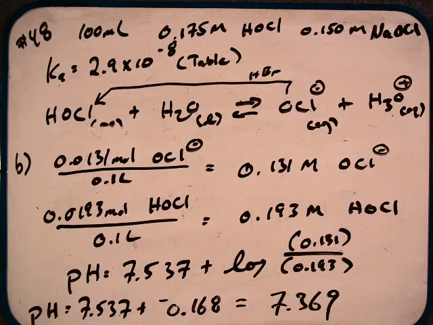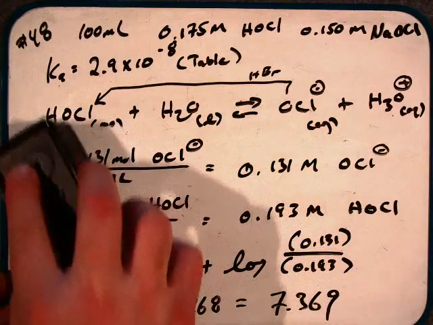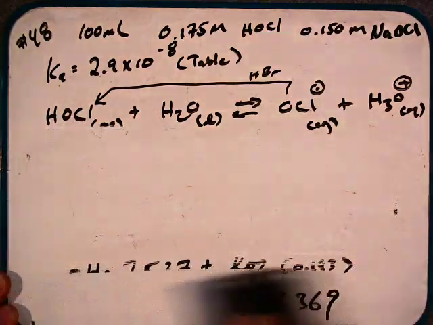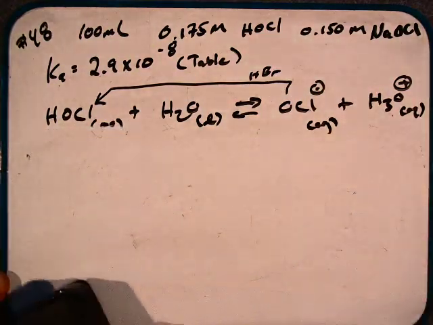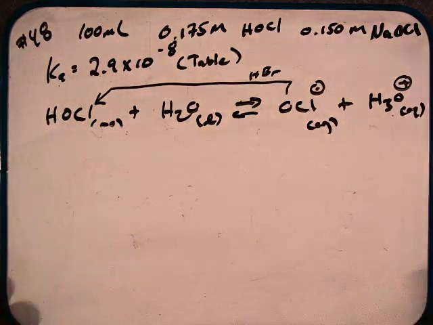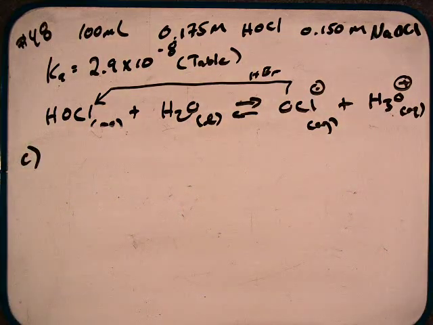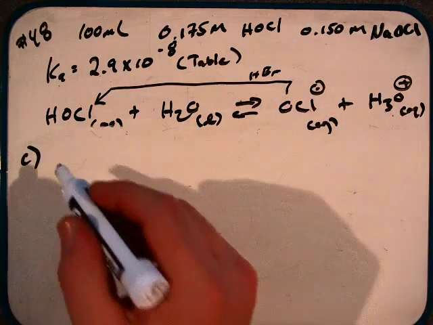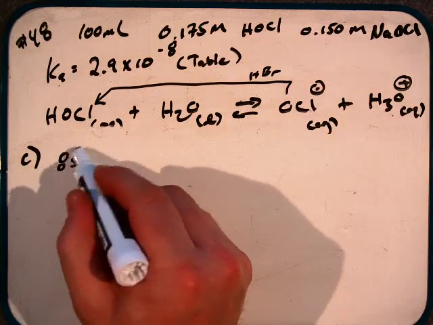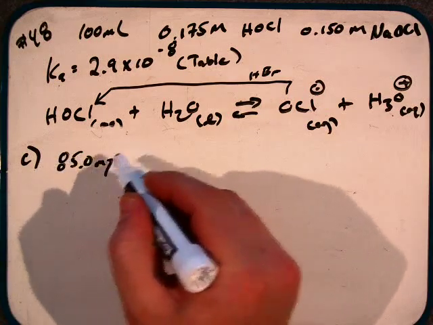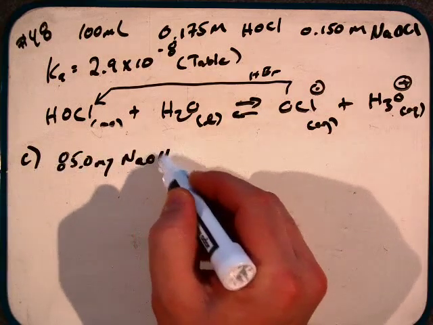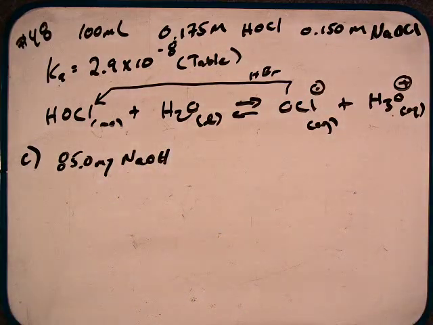Part C is looking at now the addition of not acid, but of base. And so really we're going to use all the same steps that we did for part B in part C, but it's a little bit different, right? So we're adding 85.0 milligrams of sodium hydroxide.